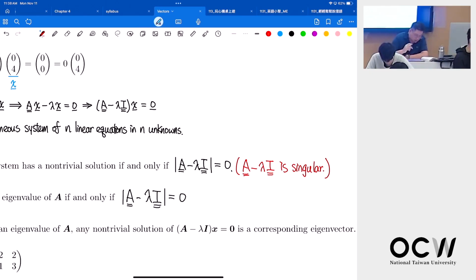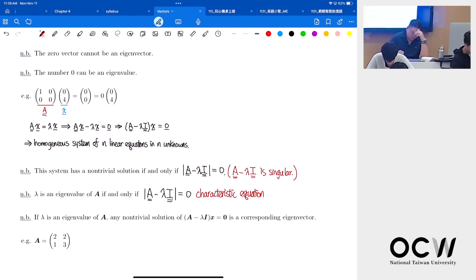This is called the characteristic equation. And then if lambda is an eigenvalue of A, then any non-trivial solution x is the corresponding eigenvector.